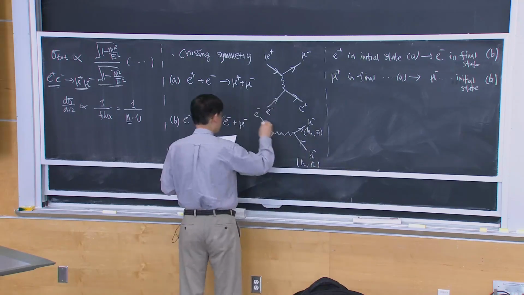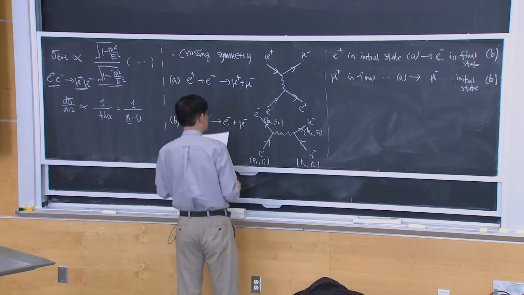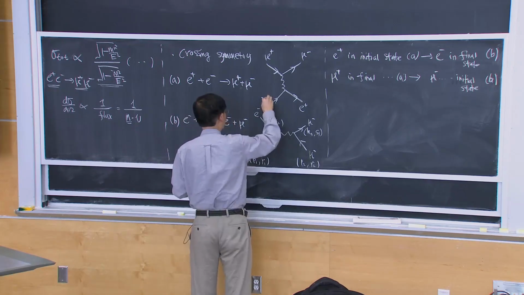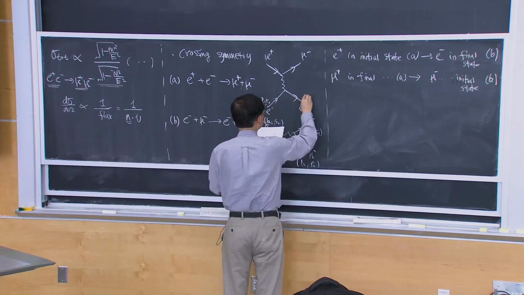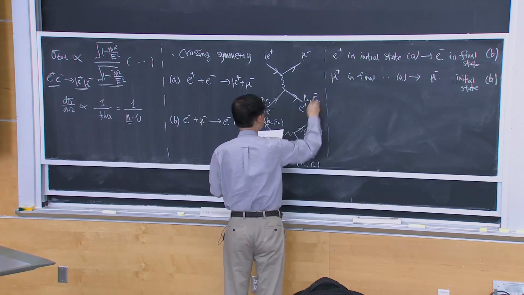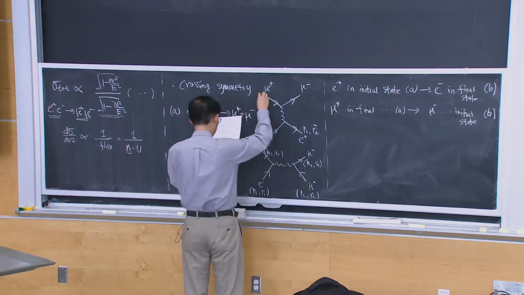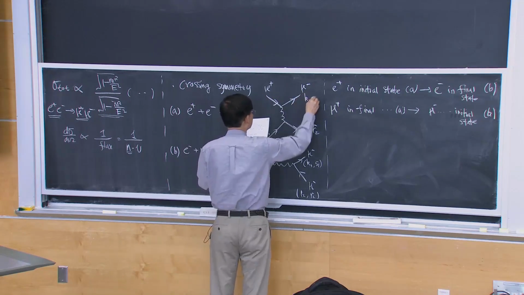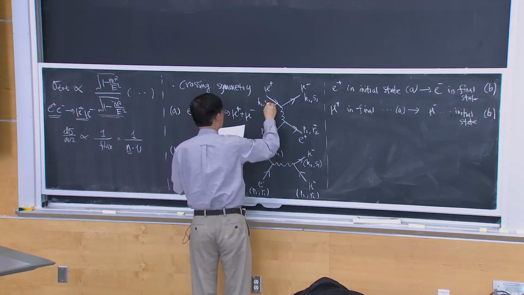These are the polarizations, and this is K2, S2. Similarly, I label here by P1, R1, and label this one by P2, R2 bar. This is for the antiparticle. This one would be K1, S1, and this would be K2, S2 bar.